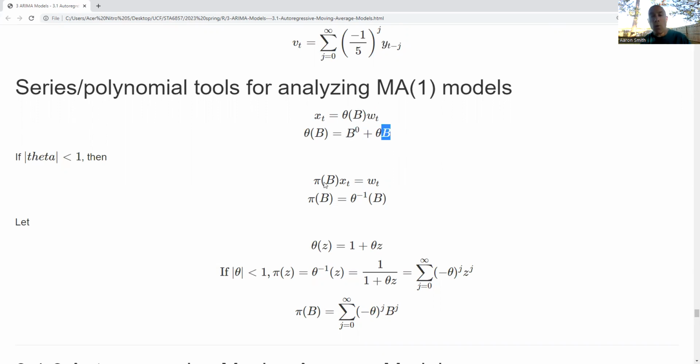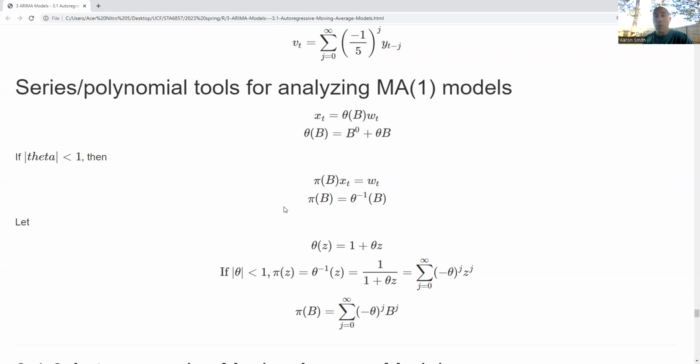Well, I can rewrite, let's go ahead and write this out as pi of backshift operating on x of t is equal to our white noise term. And so you'll see that I've got WT here, I have WT by itself. And so when I use this operator on X, I get W. When I use this operator on W, I get X.